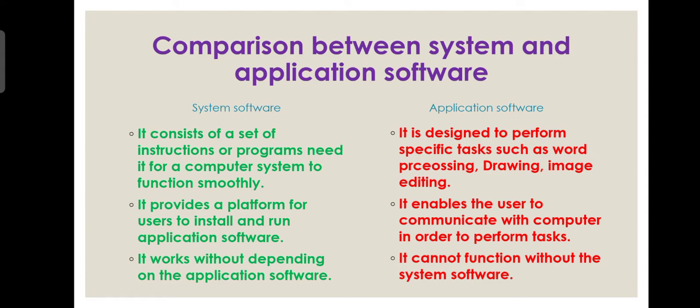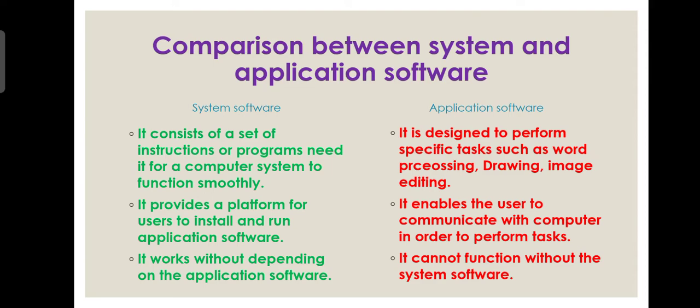The system software provides a platform for the users to install and run application software. The application software enables the user to communicate with the computer in order to perform tasks. And the system software works without depending on the application software.